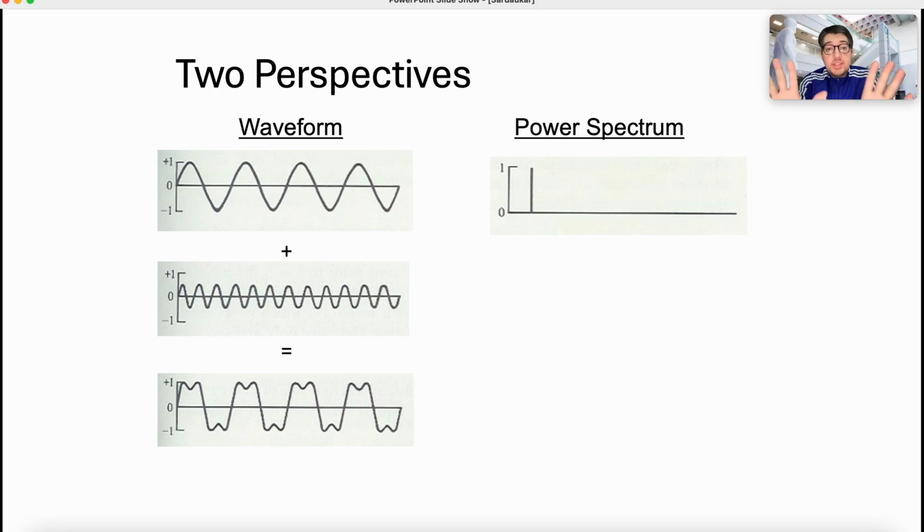We can represent this in another way with a power spectrum. A power spectrum shows amplitude on the y-axis and frequency on the x-axis. It doesn't show the time component.